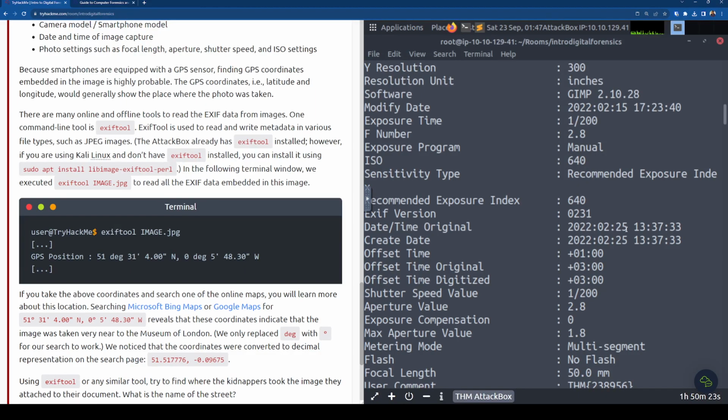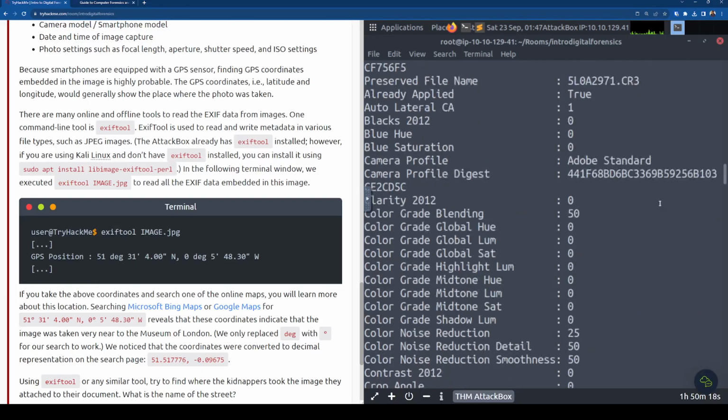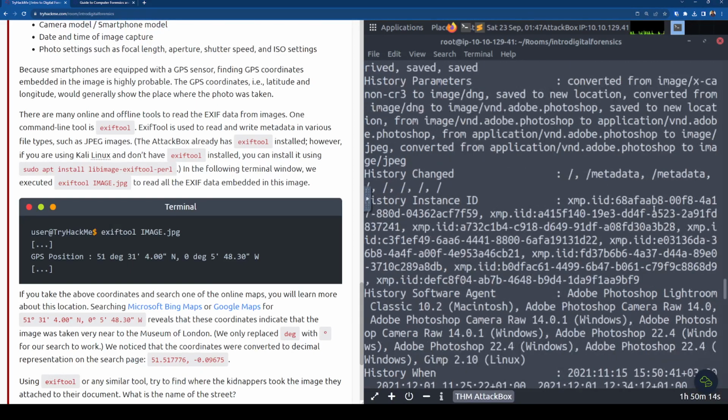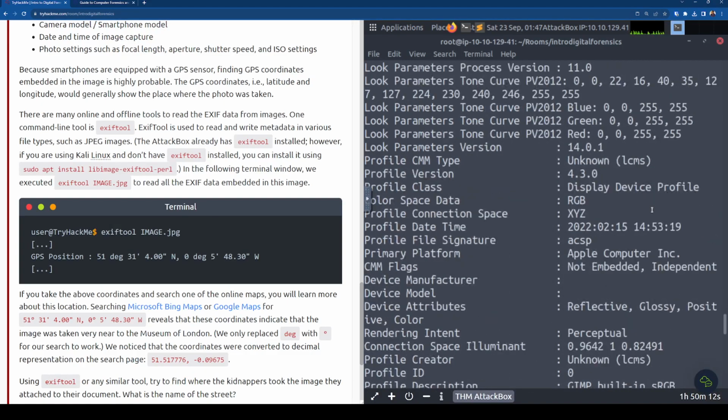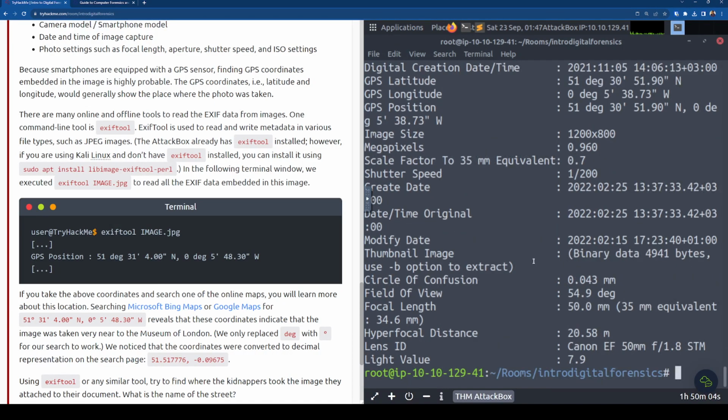We can see when the picture was taken. And it was down here. And we have GPS, latitude and longitude, and the position. And we got some more information about the camera.